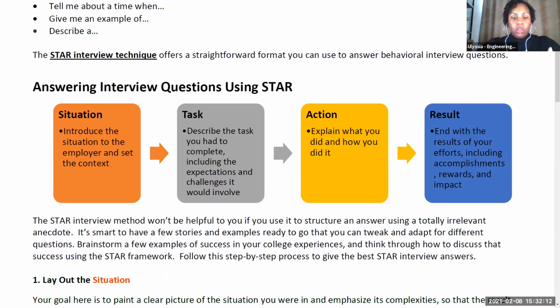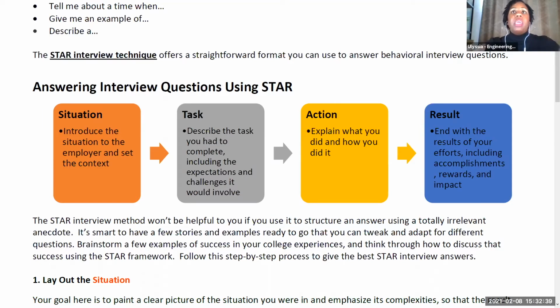The first way to prepare is thoroughly review the job posting for the position that you're interviewing for, if you have it available, because the job posting is going to give you information about the attributes or the qualities or the skills that that employer wants. And once you know what the employer wants, you can anticipate what kind of questions they're going to ask.